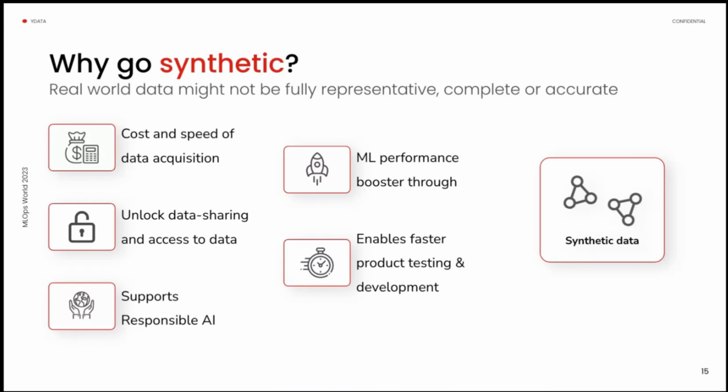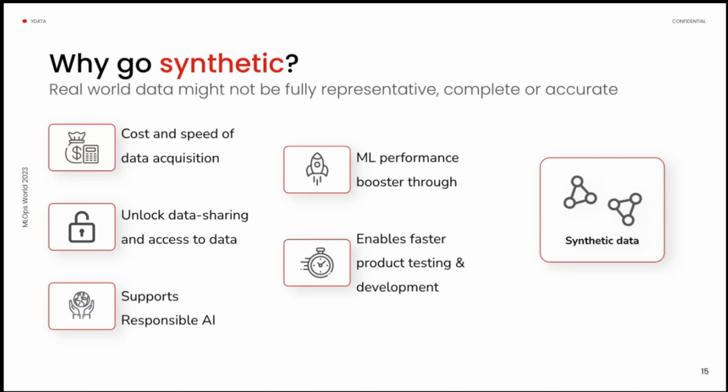It is not only a cost, speed and efficient way for data acquisition, it can unlock data sharing and access to data, and support responsible AI, so it can be used to deal with bias mitigation. It can enhance machine learning performance. It can also be a faster way of product testing and development. So if you get access to your data sooner, you will also be able to test your products way faster.